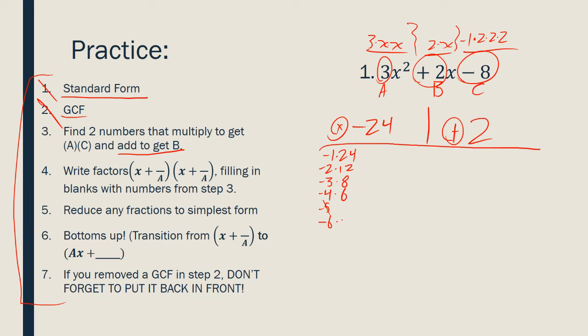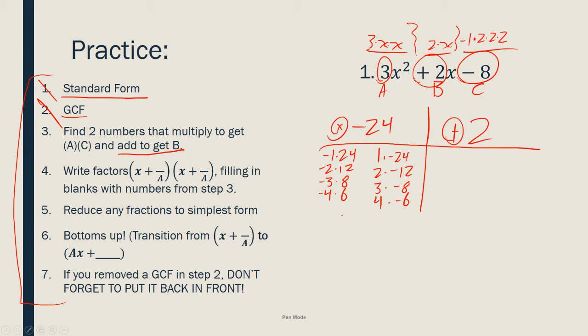And now, if I have negative 1 times 24 making negative 24, I'm also going to have 1 times negative 24, 2 times negative 12, 3 times negative 8, and 4 times negative 6. Obviously 5 isn't a factor of negative 24. Once we go on to 6, we start repeating ourselves. So those are all my factors.